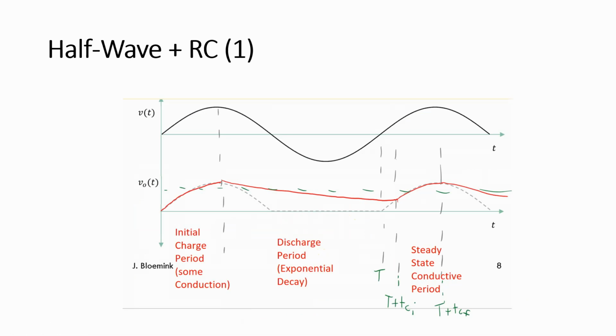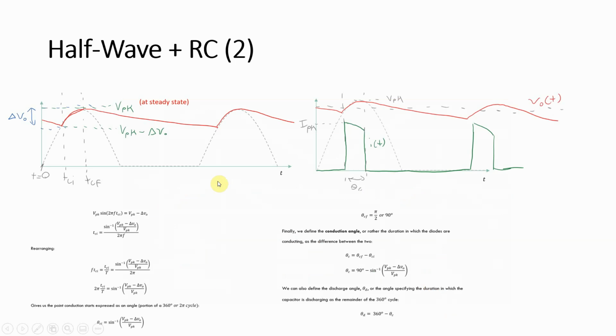Now, for the half-wave rectifier, as I mentioned, we have a conduction or charging period and a discharging period, and this only happens in the first cycle. After that, we end up with what we call AC steady state.